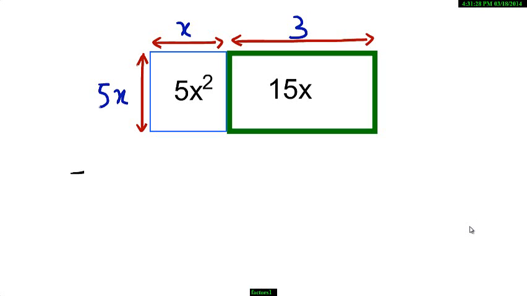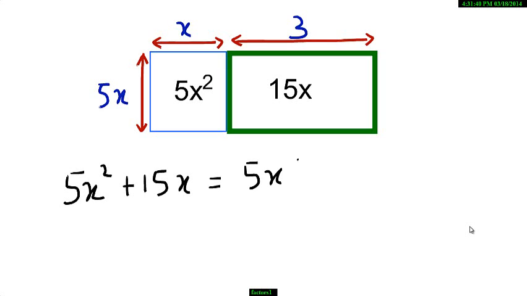So can I say that 5x square plus 15x, that is the area of the big rectangle as a sum, is nothing but 5x into x plus 3, area of the same rectangle as the product of its length and breadth. Have I written my algebraic expression as a product of its factors?